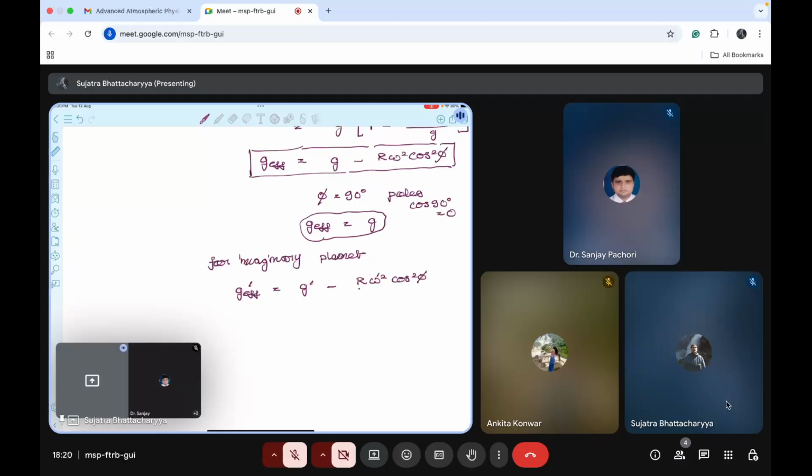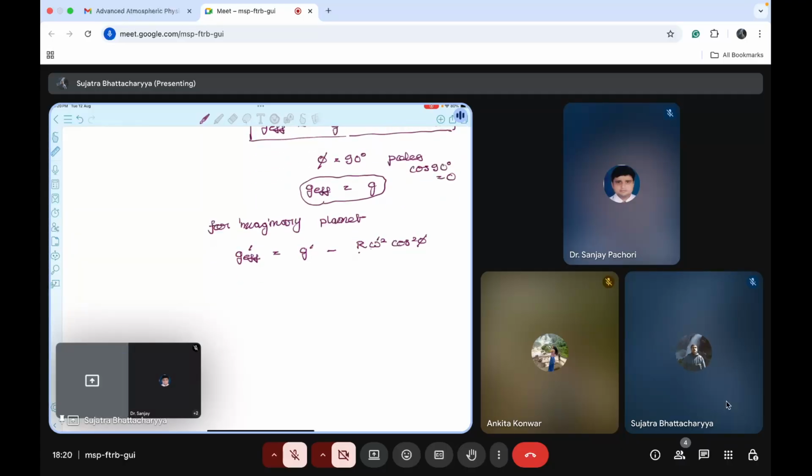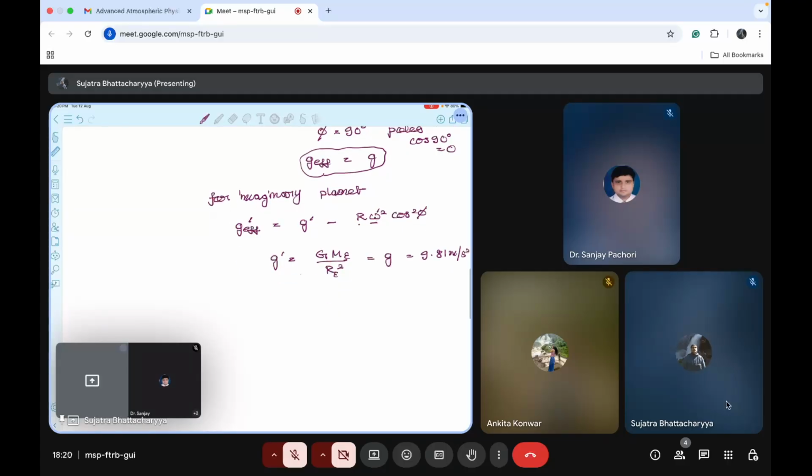This is what the expression will be. Now omega dash will be equal to 20 omega, but what is g dash? We have seen G M by R square. R is not changing, because it is still the same as the Earth. So this g dash is actually equal to g of the Earth, which is about 9.81 meter per second square. But at the pole, this term is zero.